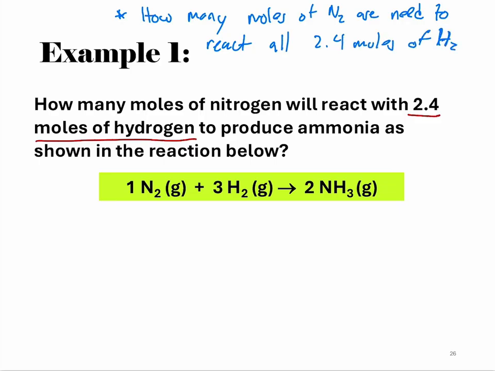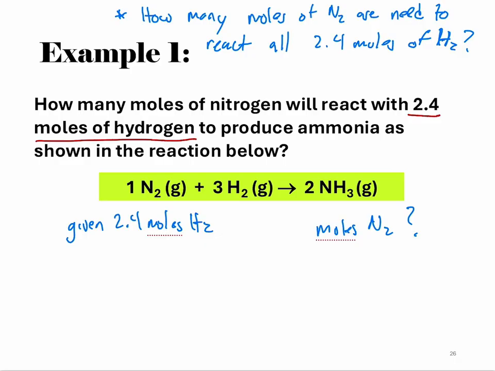So we have to decipher a little bit what the question is asking us here. We're being asked to solve for what? The moles of nitrogen. And we're being given what? We're given 2.4 moles of H2.